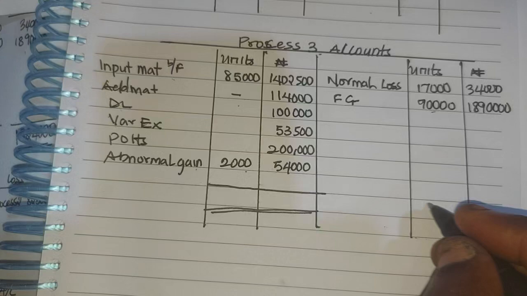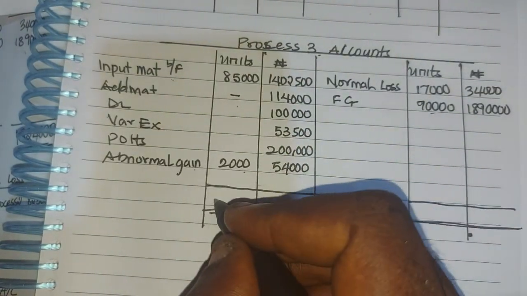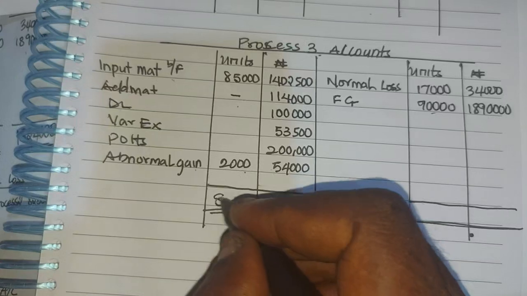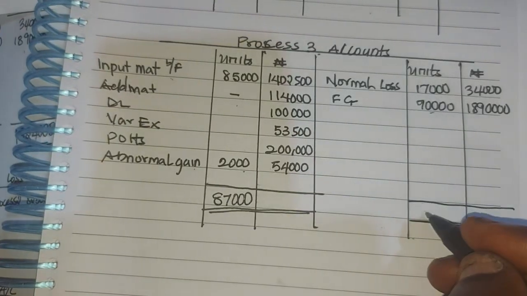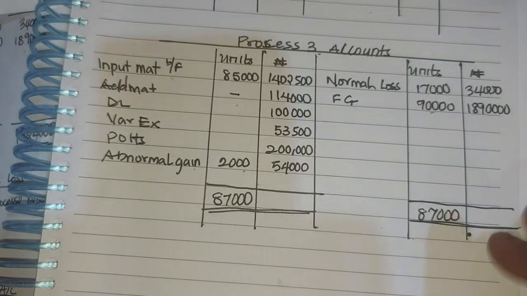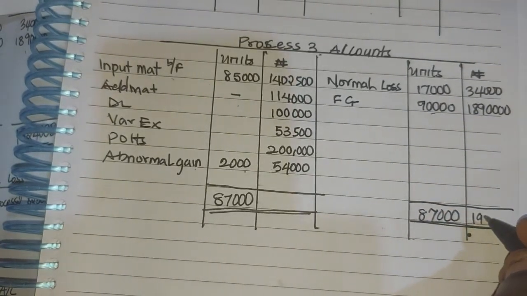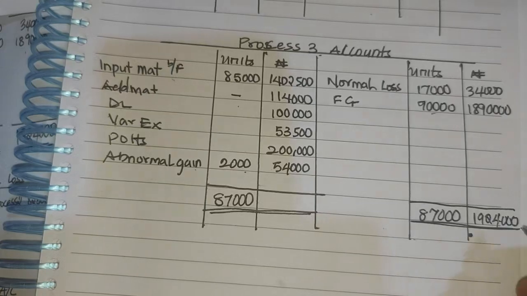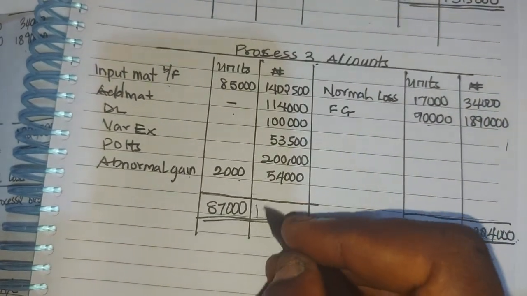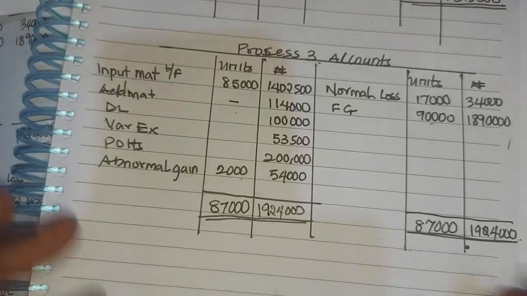So when you add these two together, it must give you a balanced figure. This is 87,000, and this is also 87,000. When you add this together, it will give you 1,924,000. Use your calculator to add, and this one too will give you 1,924,000. So it has balanced.